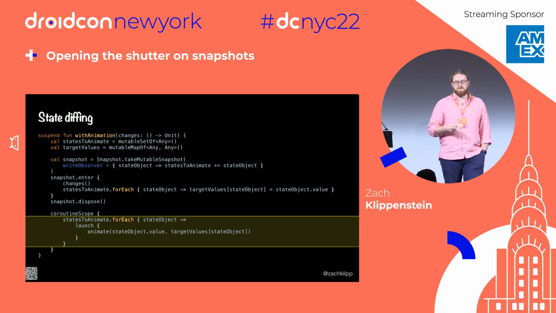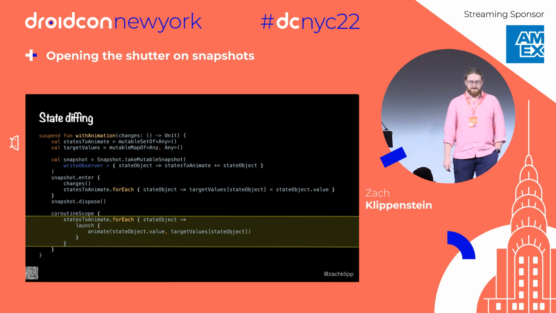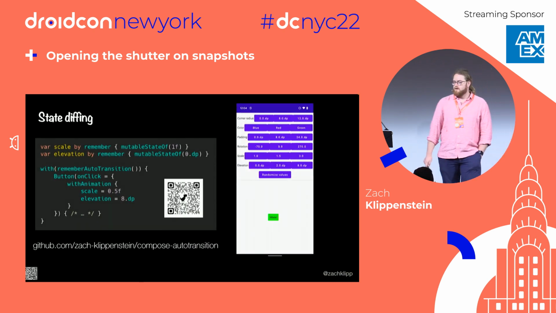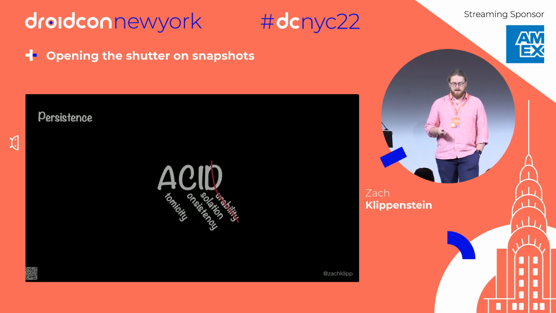So we can use that as the initial value for the animation. And then we look at the target value that we saved from inside the snapshot and use that as the target. So this is a simplified version of the implementation. There's some extra stuff to work with types in the real code, but this is basically how it works. Yeah, this is on GitHub, so you can take a look.